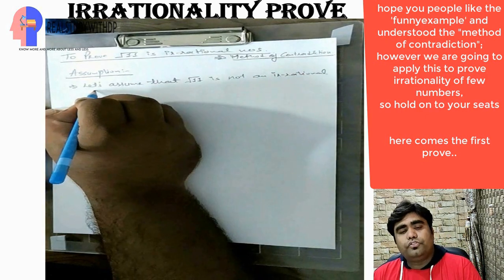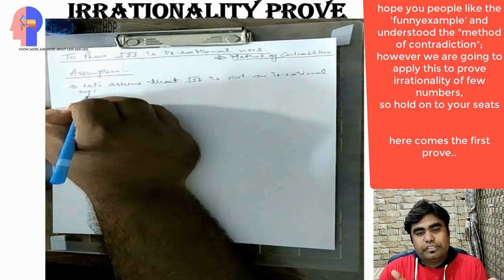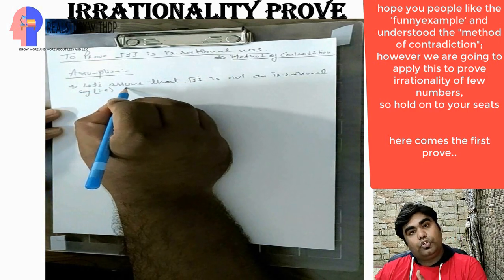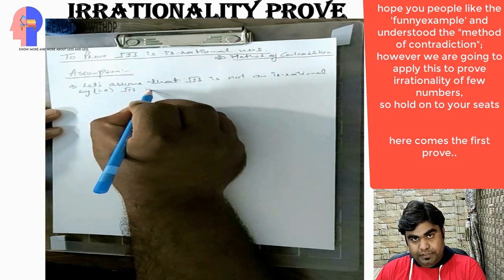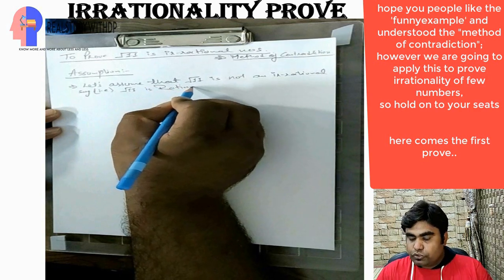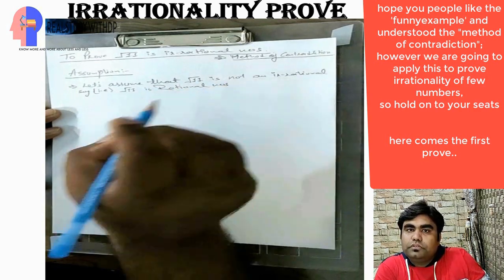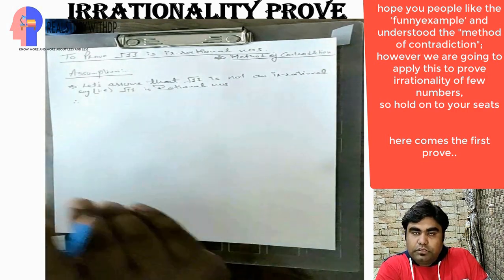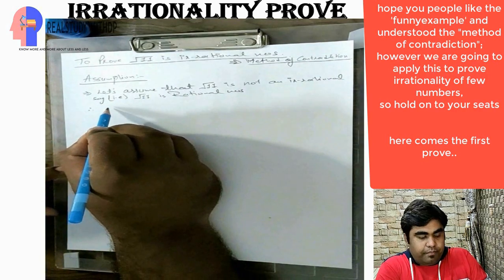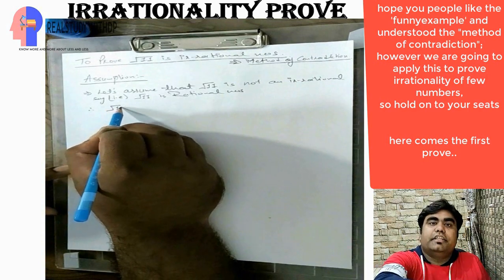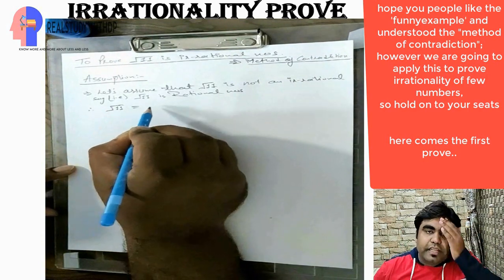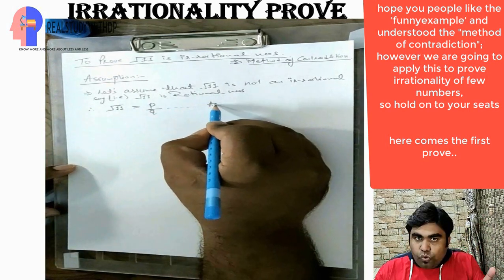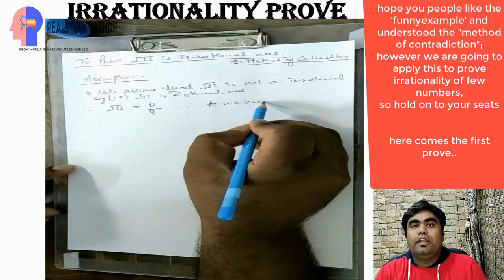Obviously, we are going to let the square root of 11 be not an irrational number. So whatever we need to prove by the method of contradiction, we let that statement be false and we take the opposite of it. We consider only the two scenarios, either this or that. Out of these two, only one thing is going to be true.